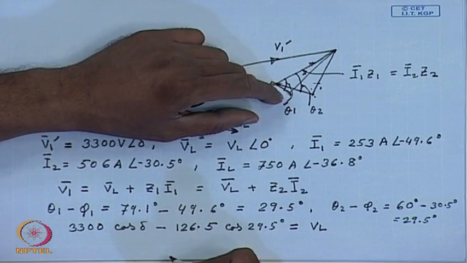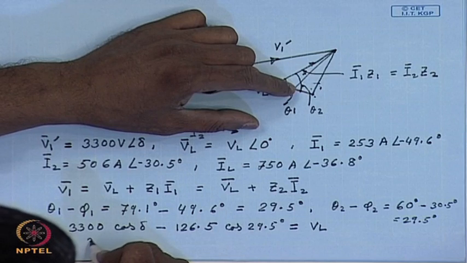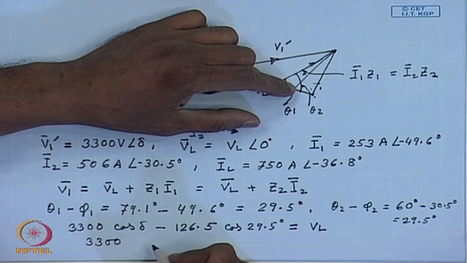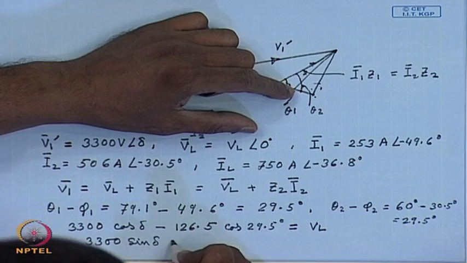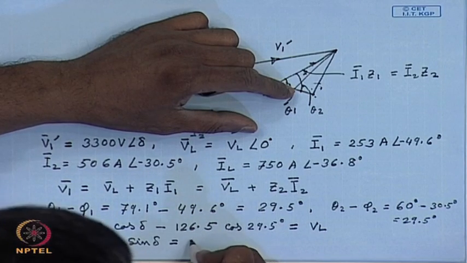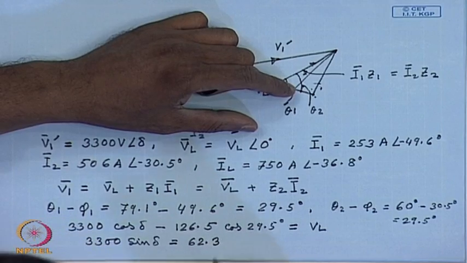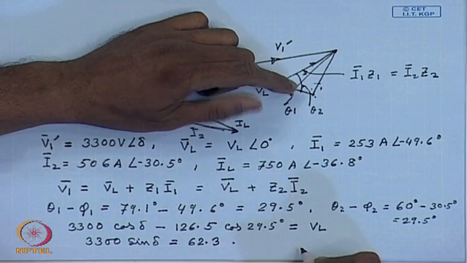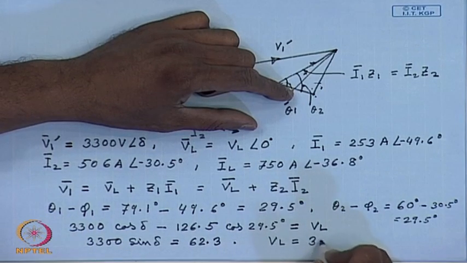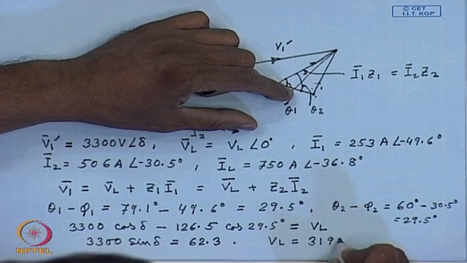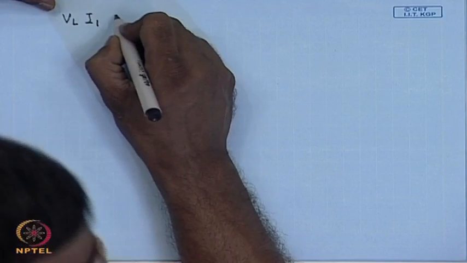Also 3300 sin delta equal to 62.3, from which we will find out VL to be equal to 3190 volt.